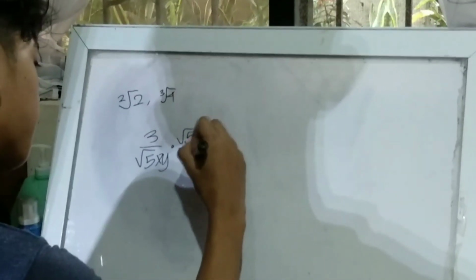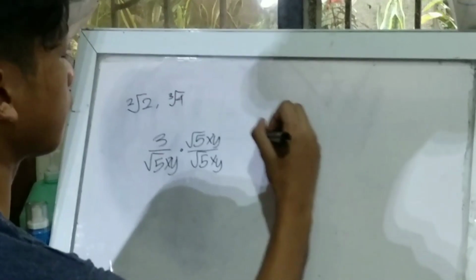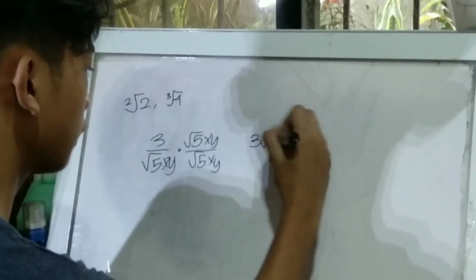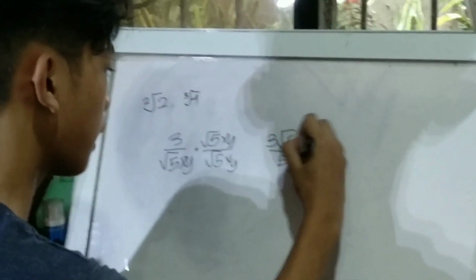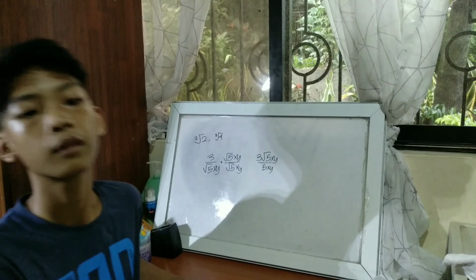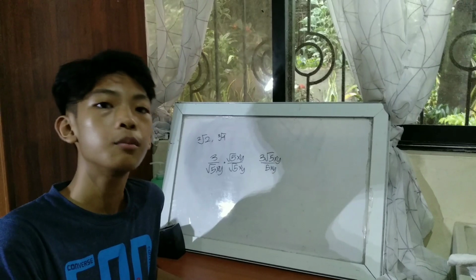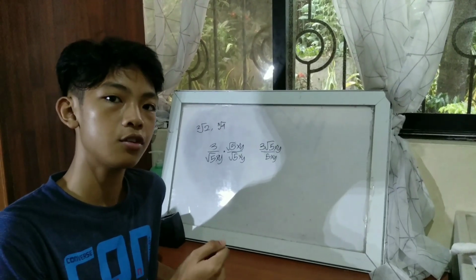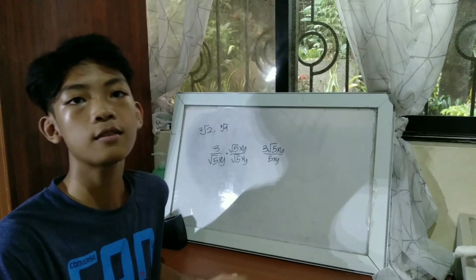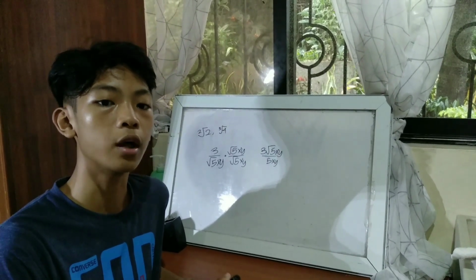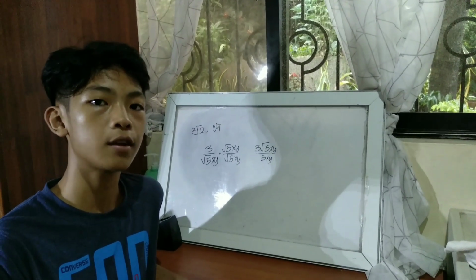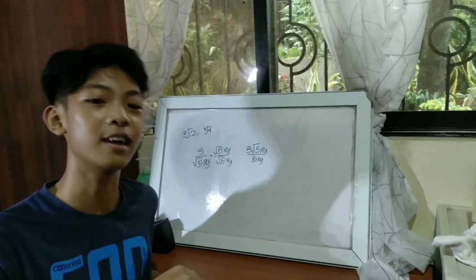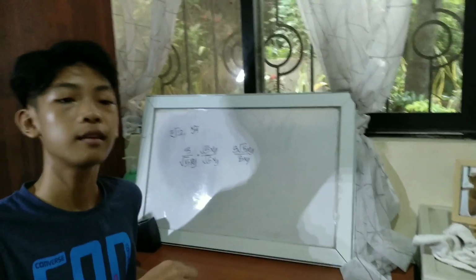So, this is 3 times the square root of 5xy all over 5xy. Multiplying the numerator and the denominator by the square root of 5xy doesn't change its value, since it's the same as multiplying it by 1, because the square root of 5xy over the square root of 5xy is equal to 1.